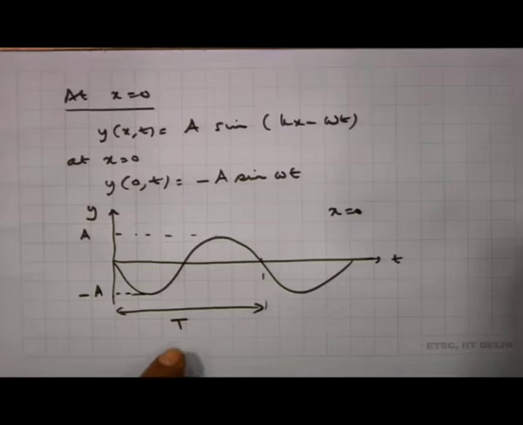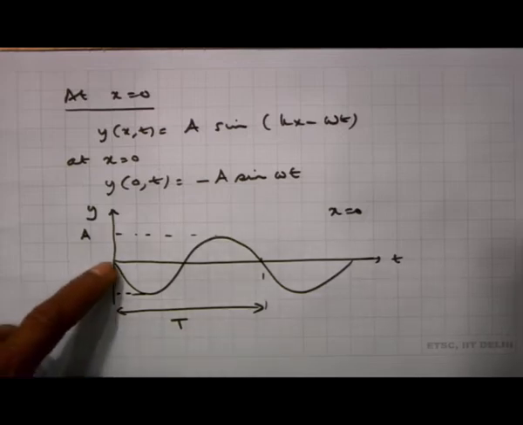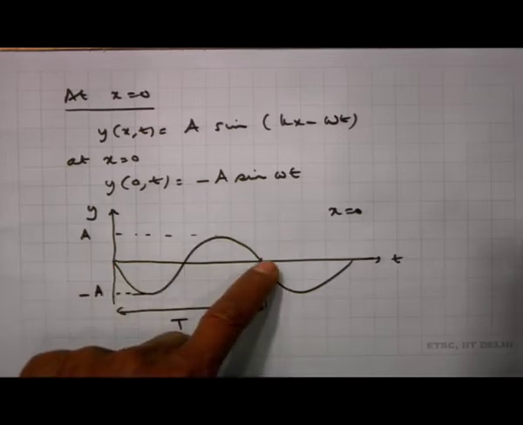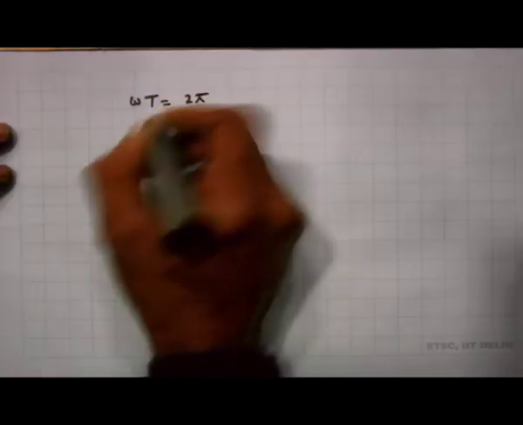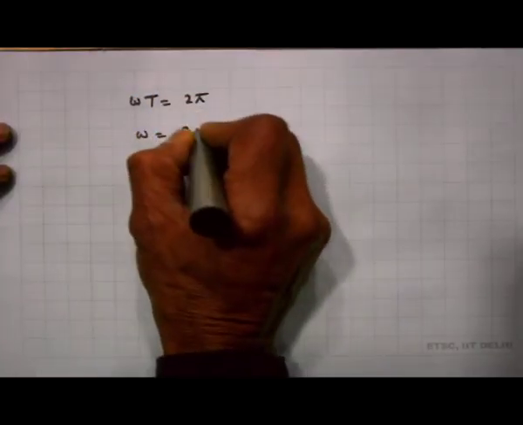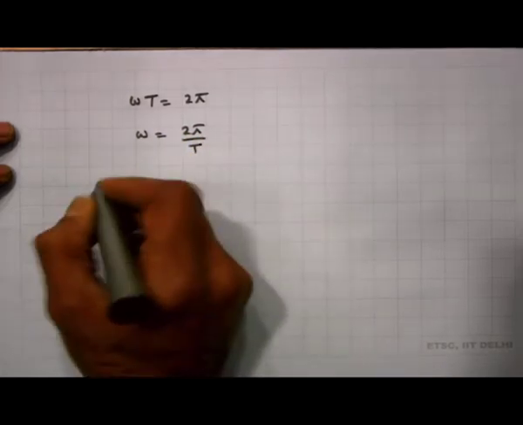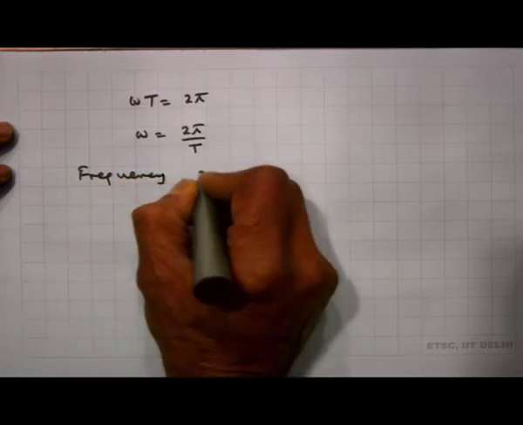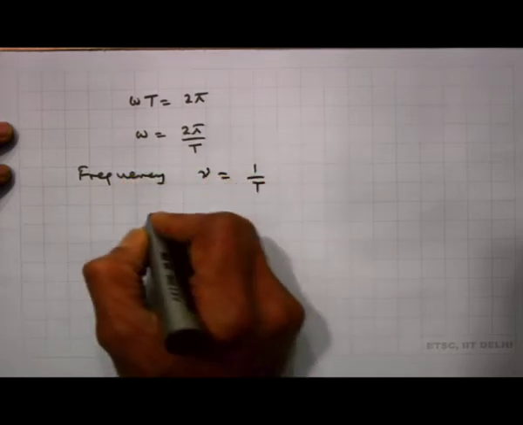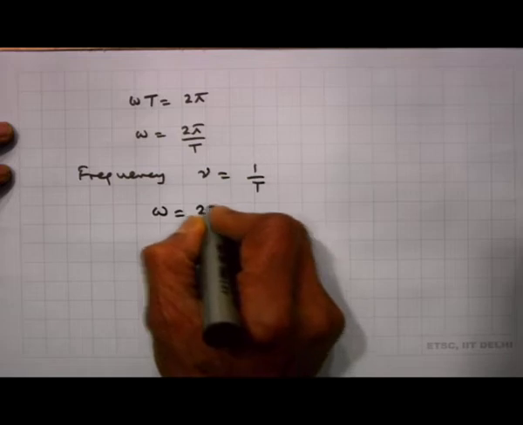So, capital T must be such that the quantity omega t changes by 2 pi in going over a time capital T. At this point t was 0, at this point t must be such that omega t must have become equal to 2 pi. So, I can write omega times T is equal to 2 pi or omega is equal to 2 pi by T. And if I call the frequency nu is equal to 1 by T, this becomes omega is equal to 2 pi nu.